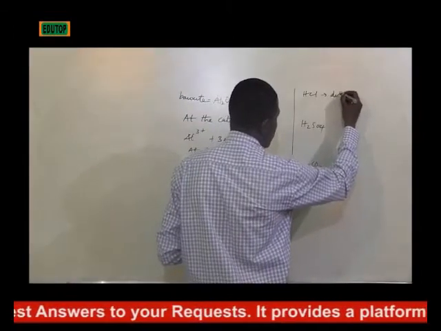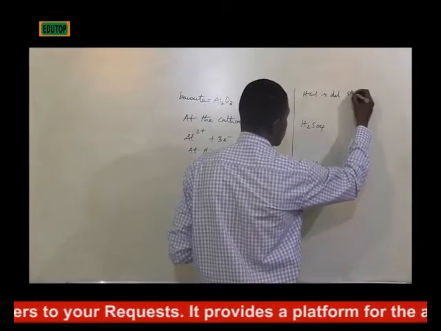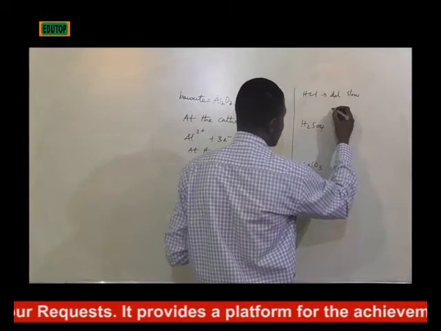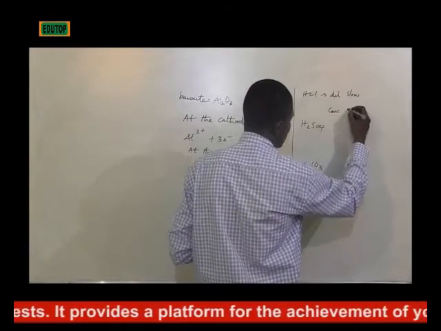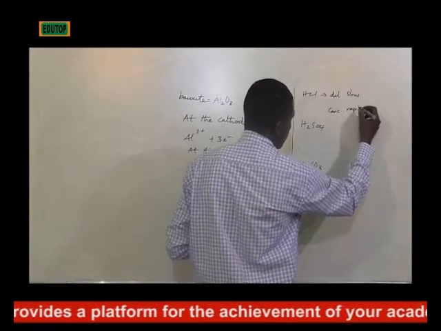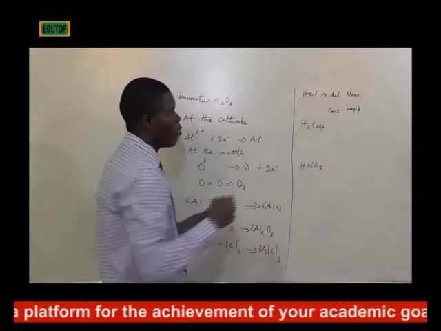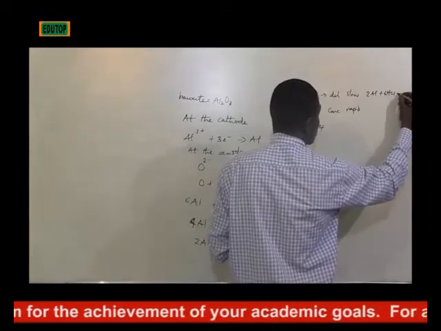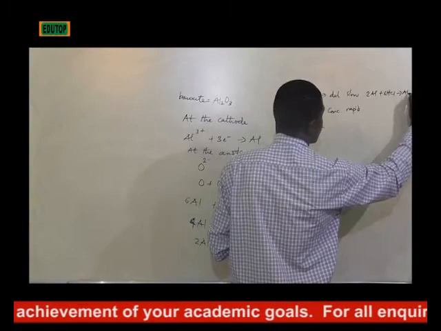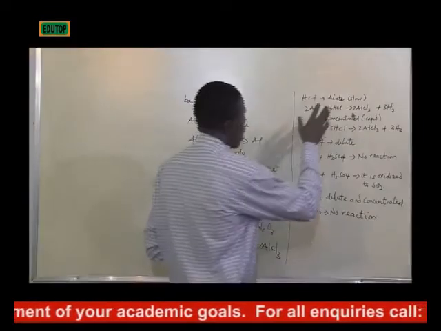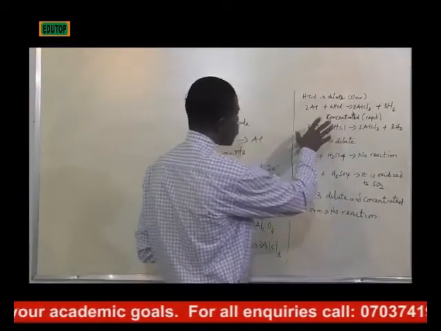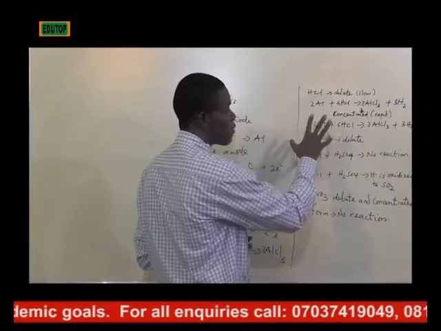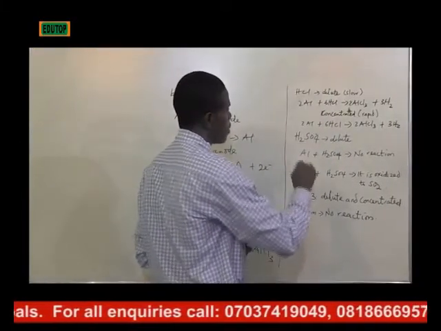When it is dilute, the reaction is slow. When it is in hot concentrated form, rapid. So it means that aluminium reacts with this to give aluminium chloride. Aluminium reacts with acid in different degrees.